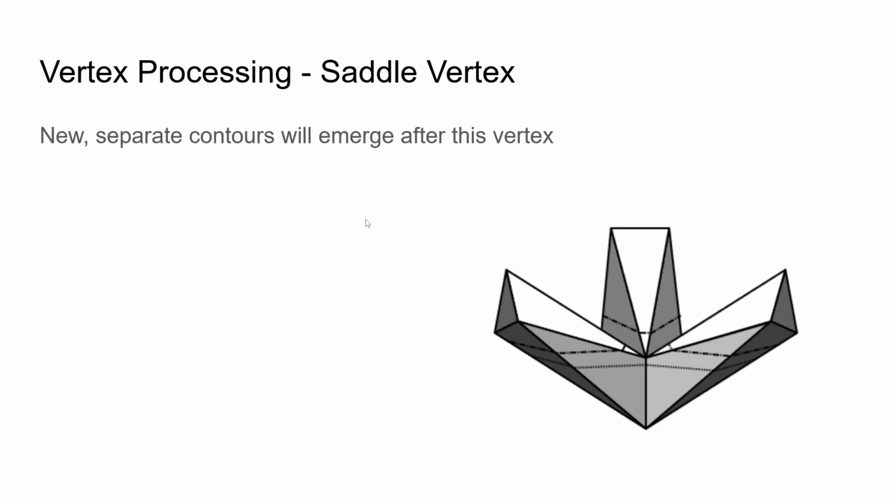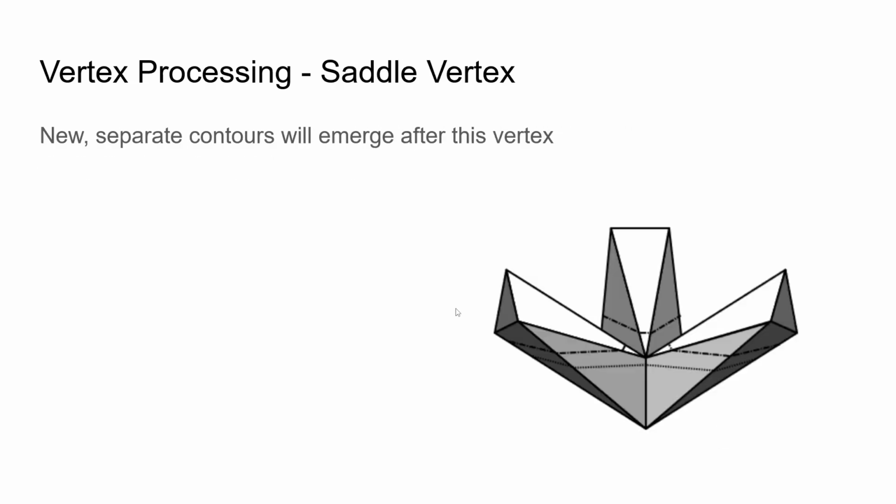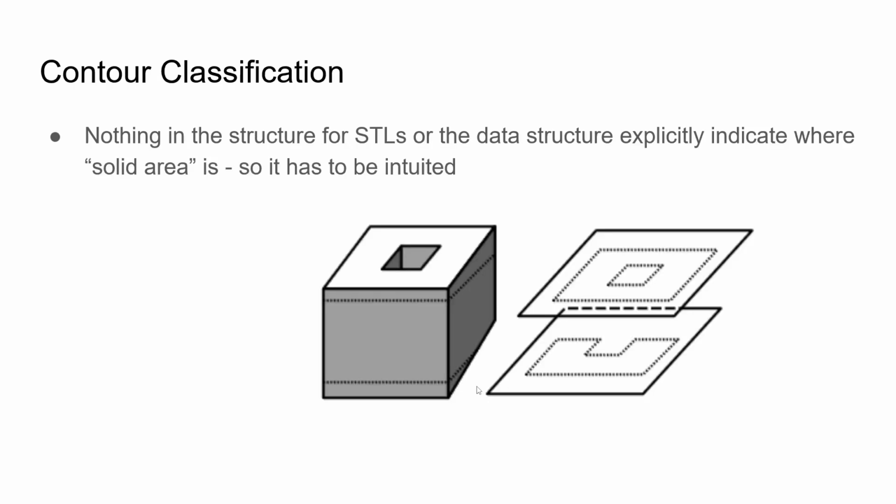And then our really special one is a saddle vertex, where you can imagine as we slice this object, we'd have a bigger shape until we get to the saddle vertex. Once we go above that, we're going to start generating separate contours after it. So it can kind of be treated as a beginning vertex, but it's not quite the same as a beginning vertex.